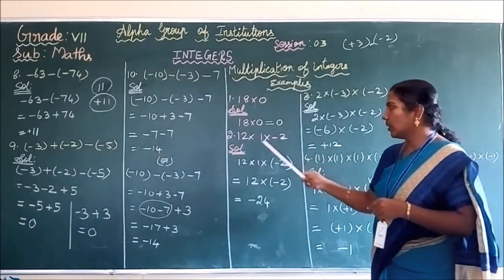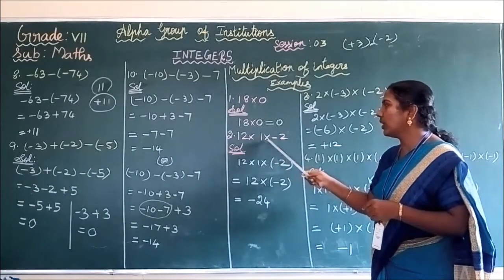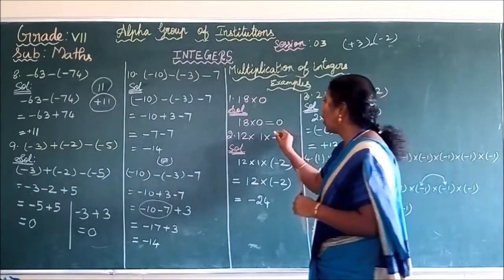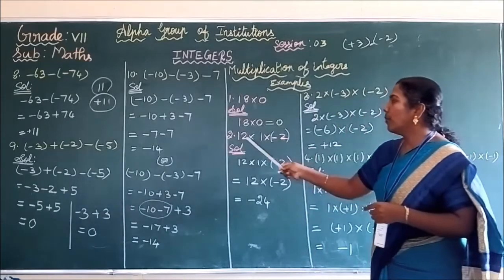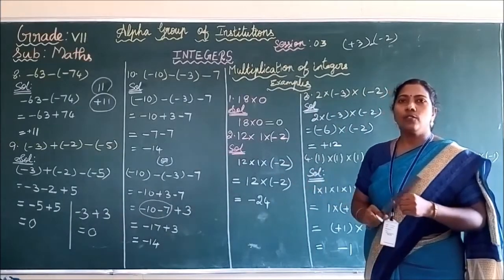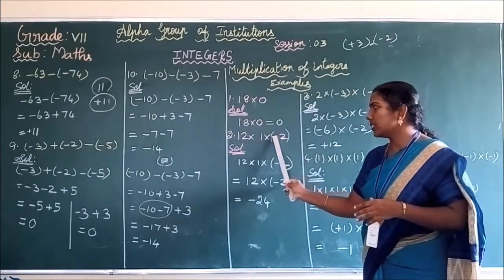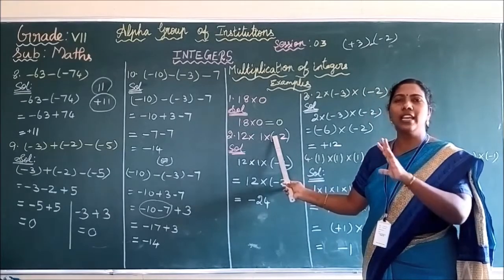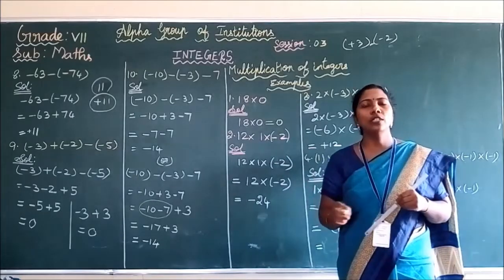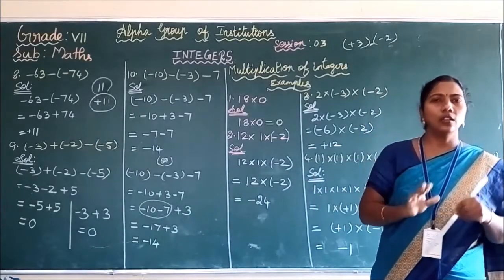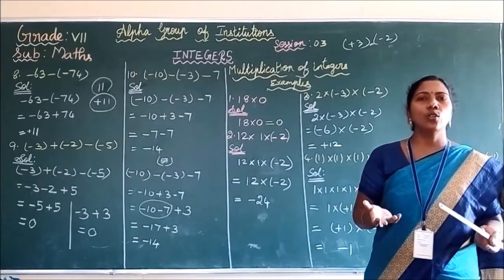See this one. 12 into 1 into minus 2. Now we are going to multiply these numbers. Now you ignore this symbol minus. Think of this as a normal multiplication sum, 12 into 1 into 2. 12 into 1, 12. 12 into 2, 24.